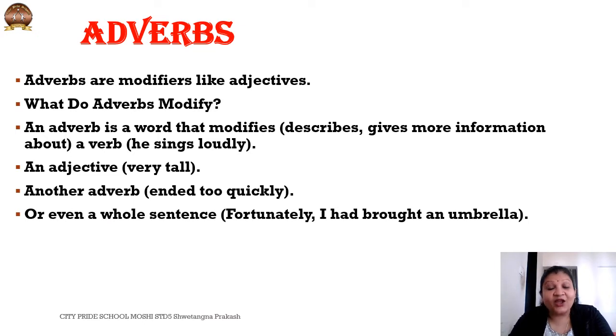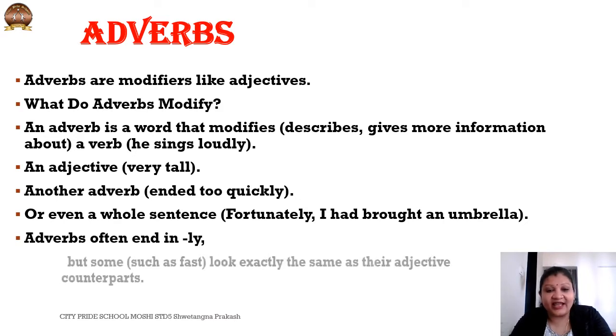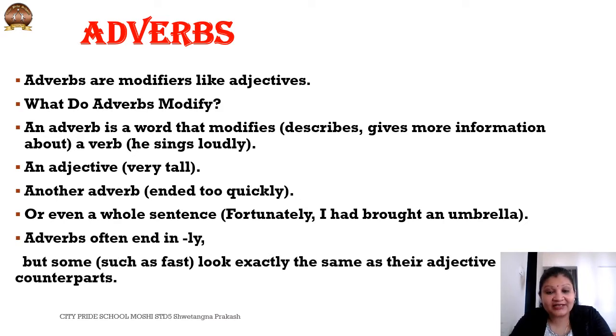Yes, or even a whole sentence they can modify. If you add an adverb at the start of a sentence, it can modify the entire sentence. They often end in ly, but some look exactly the same as an adjective. The same words are used as adjectives and adverbs.